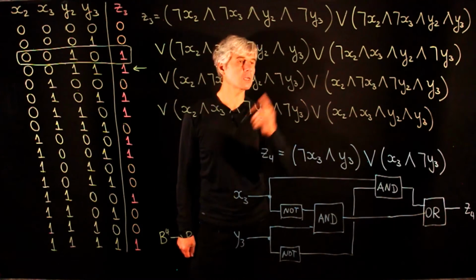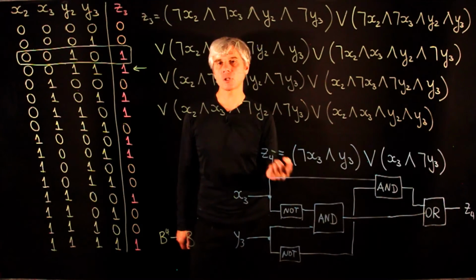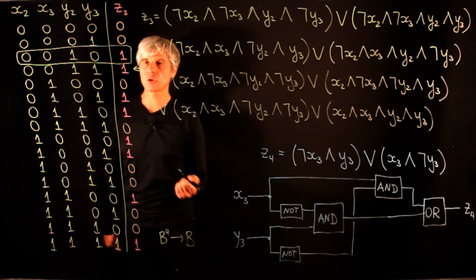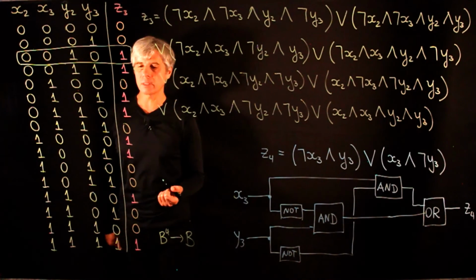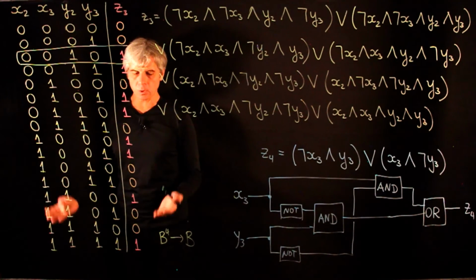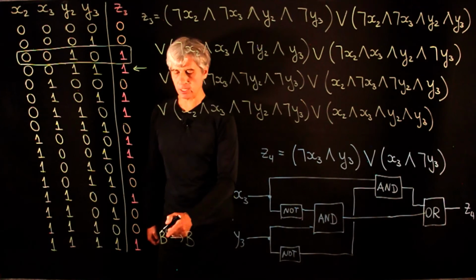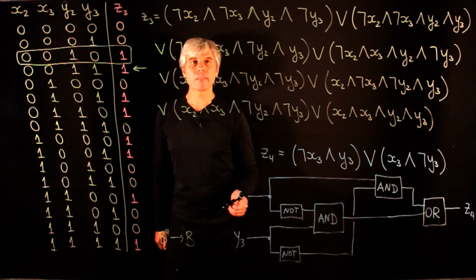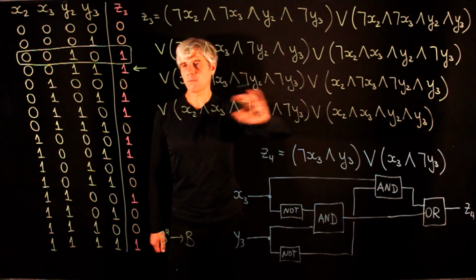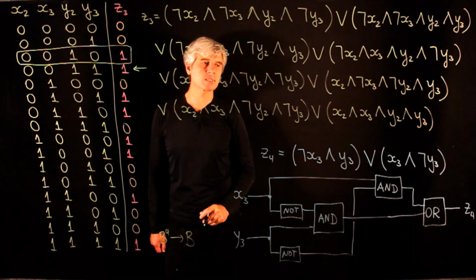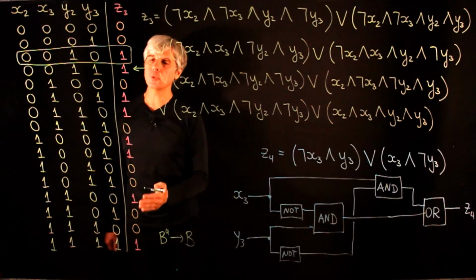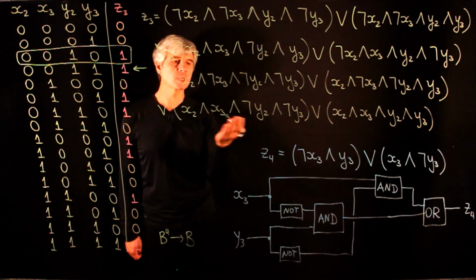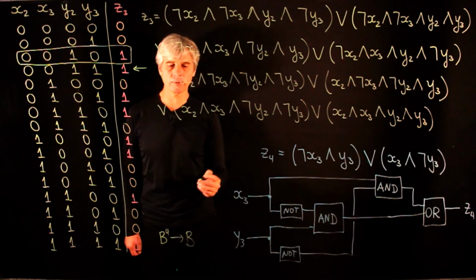So here what we have is a composition of the 3 elementary logical functions. So this method works for any Boolean function. If we have a function from Bn to B, then we can always use this strategy and find an expression of any Boolean function in terms of a composition of elementary logical functions.